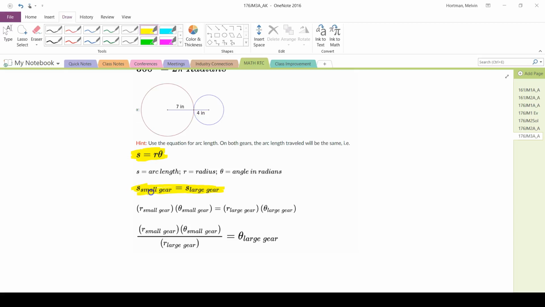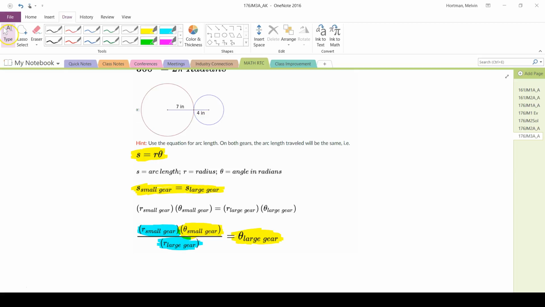So we can use that relationship to solve for the angular movement of the large gear based off the angular movement of the small gear and the ratio of their radii. I know that probably all this yellow highlighter is not really helping out, but we're going to use the angular movement of the small gear in conjunction with the ratio of the radii between the small and large gear.